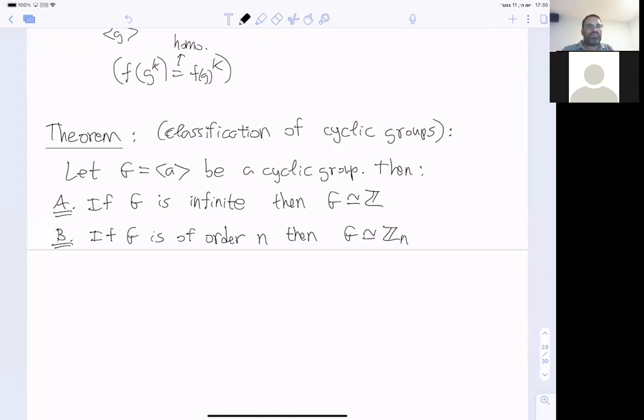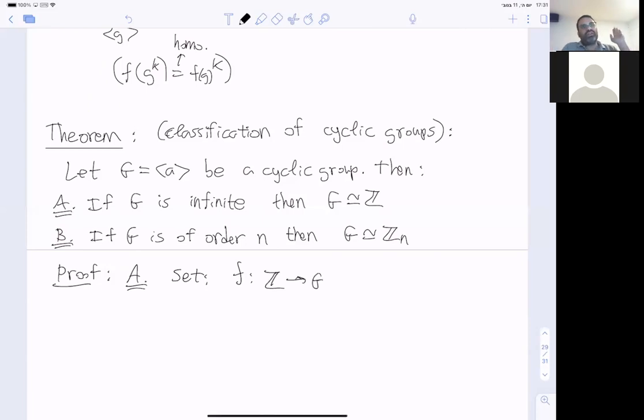So how do we show that? That's a proof. In order to show isomorphism, you should show a map which is both injective and surjective and is a homomorphism. So we are going to define a map F going from Z to G. We don't know what G is.